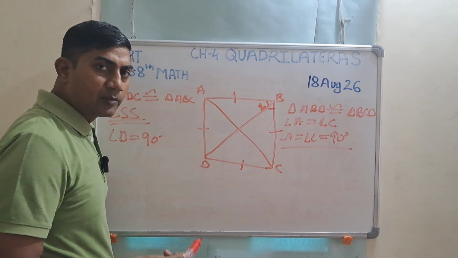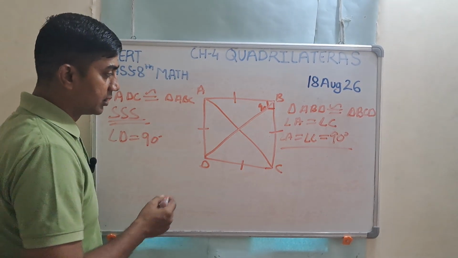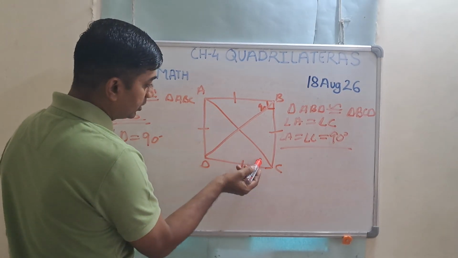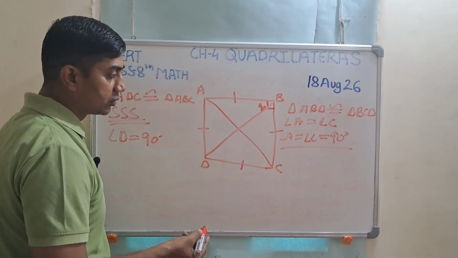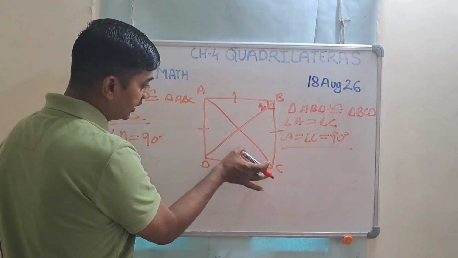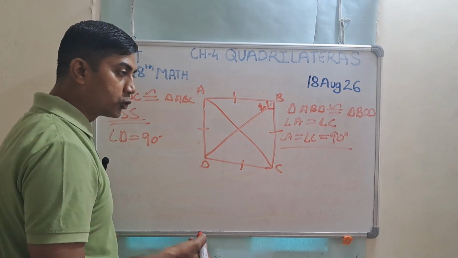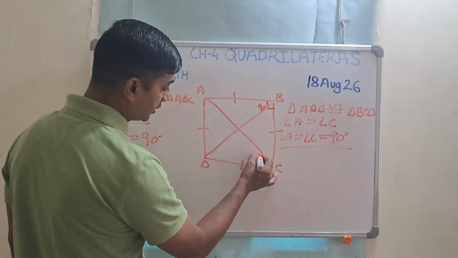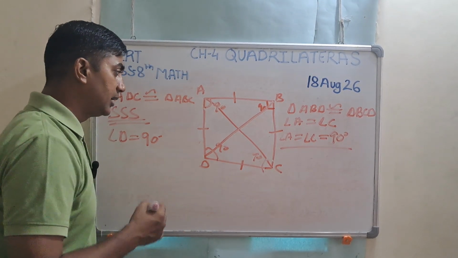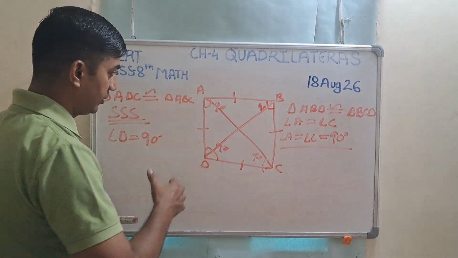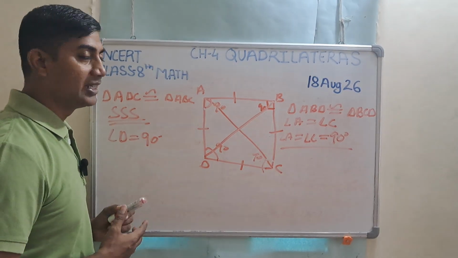In a quadrilateral the sum is 360, so the left over is 180, and when we divide it into two equal parts, that is 90. So this is also 90 degrees and this is also 90 degrees. When all the internal angles are 90 degrees and your sides are equal, what does it mean? It is a square. Definitely it is a square.